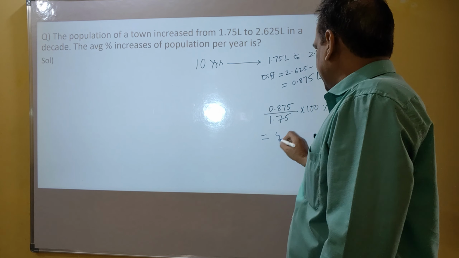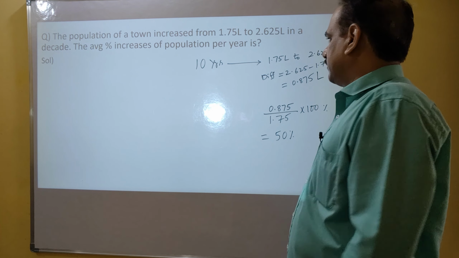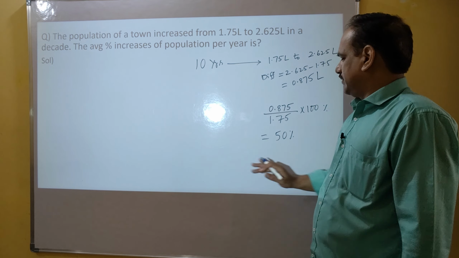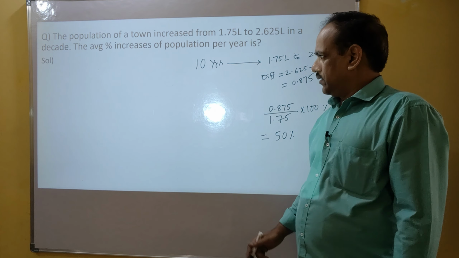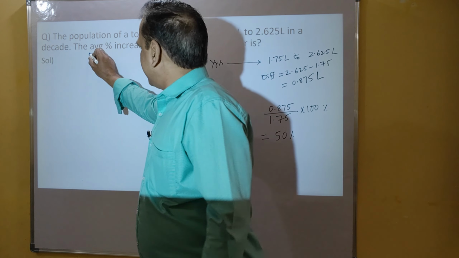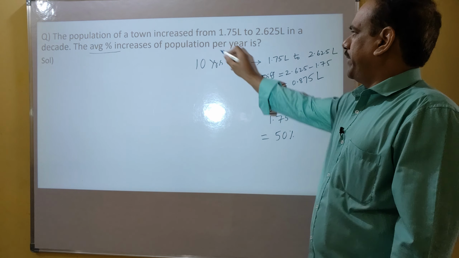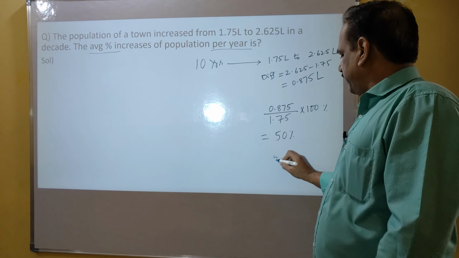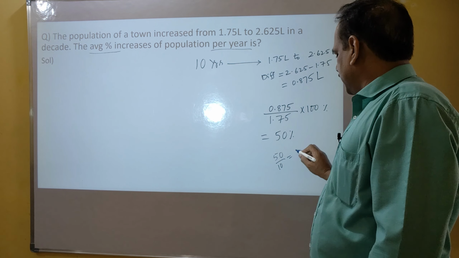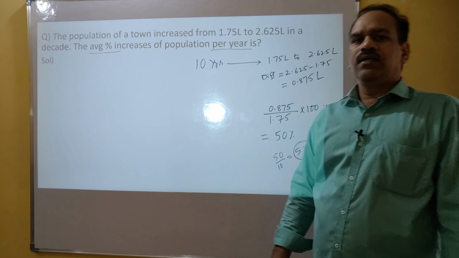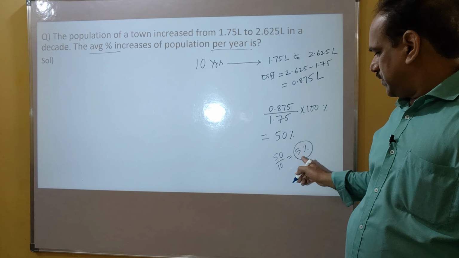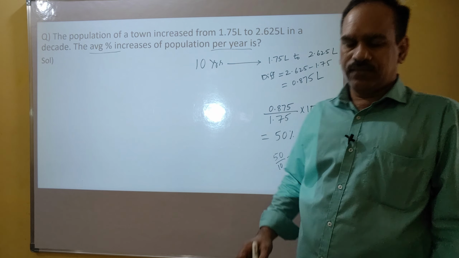If you calculate, you will get 50%. So in 10 years, there is a rise of 50% in the population. But you are asked to find the average percentage per year. So you divide it by 10, and on average, the population rises by 5% per year.